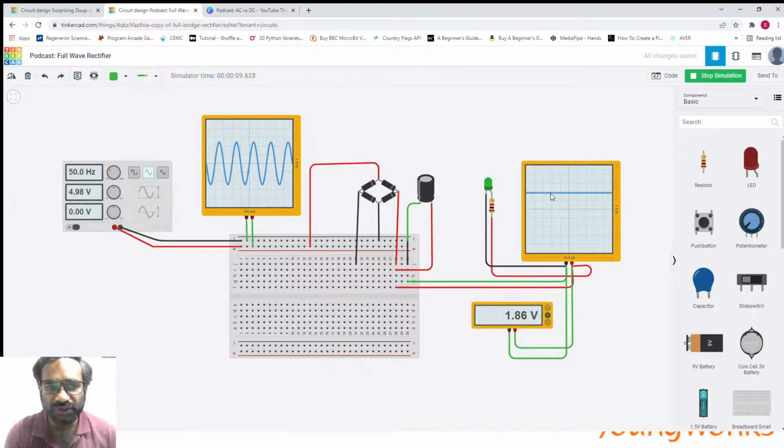AC is very useful and prevalent around us. It is useful because it's easy to transmit over long distances. It is also easy to convert to DC, and on the DC side, it's safer because it has lower voltages. It is easy to store in batteries.